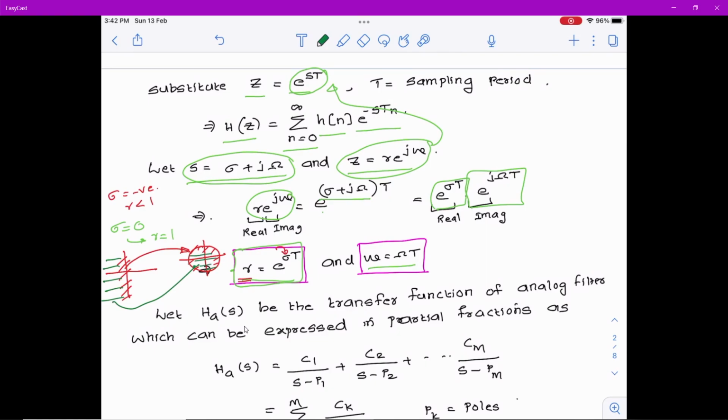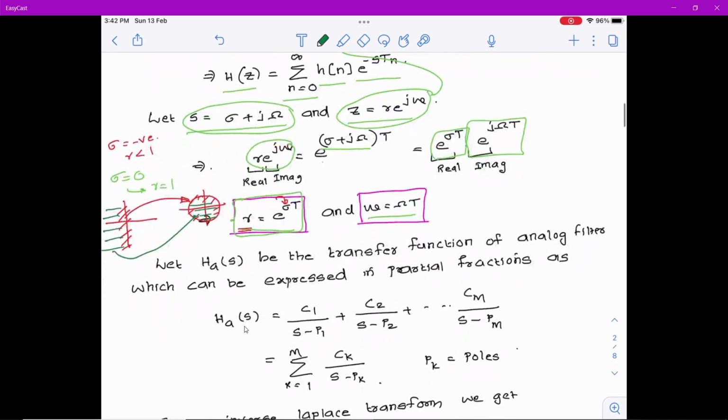Okay, so we have satisfied the conditions that we mentioned earlier by doing this substitution, and this is called the impulse invariant method.